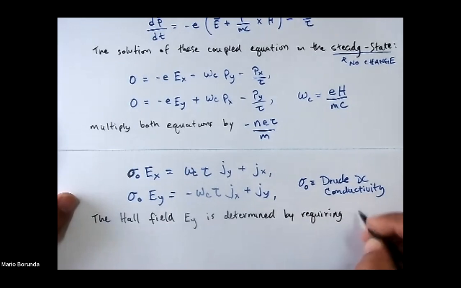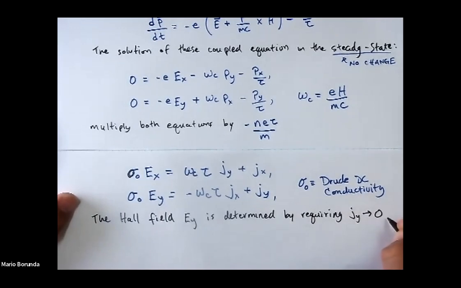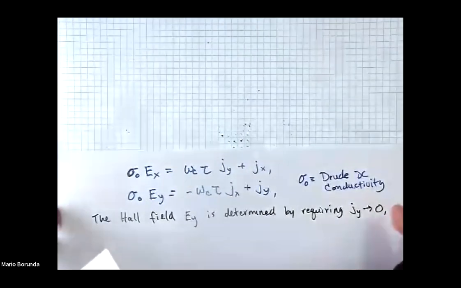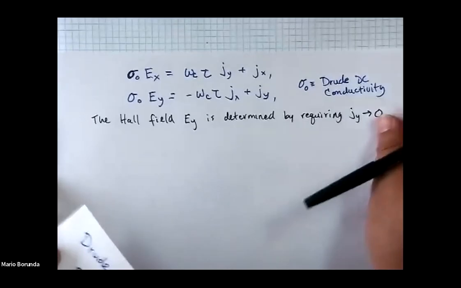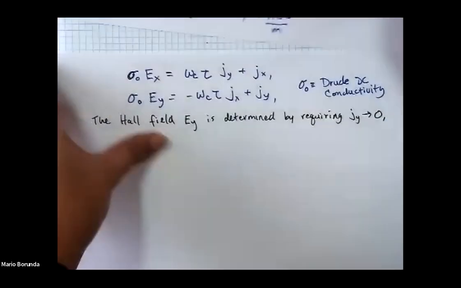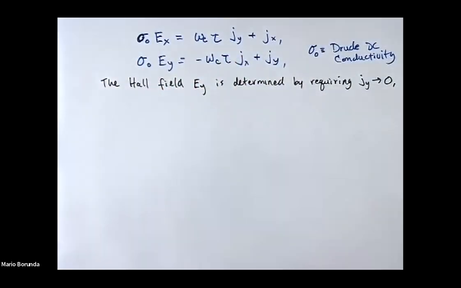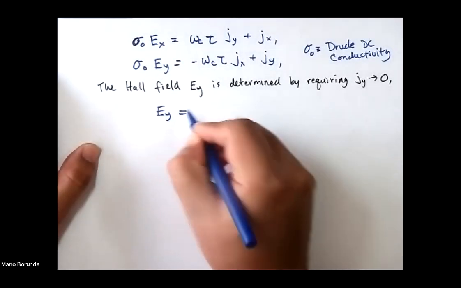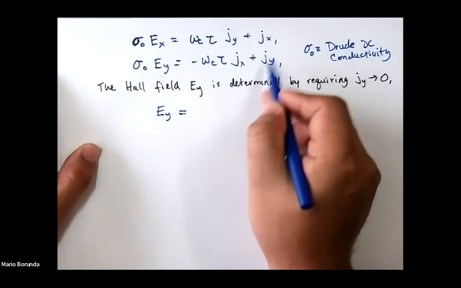So we're going to require that Jy goes to 0. And that means that, oh, I only need this equation right here. So I'm going to bring Ey is equal to, this one went to 0.